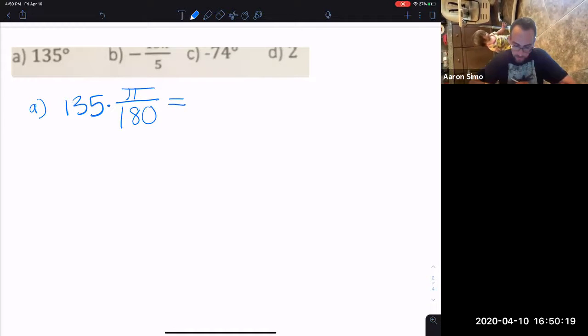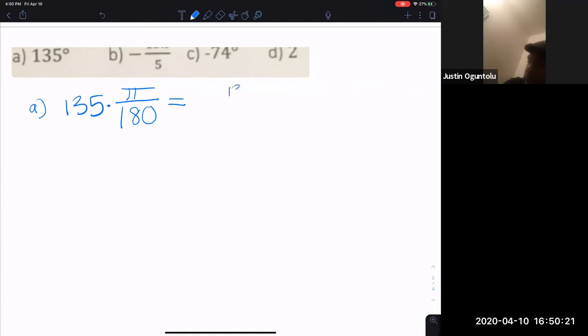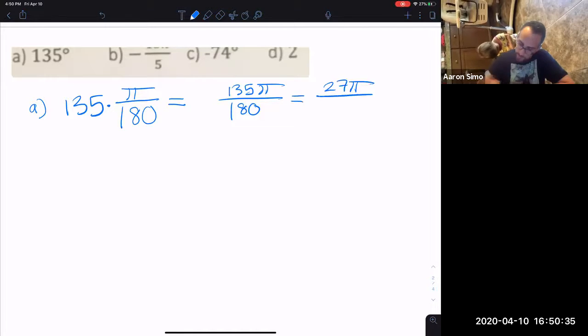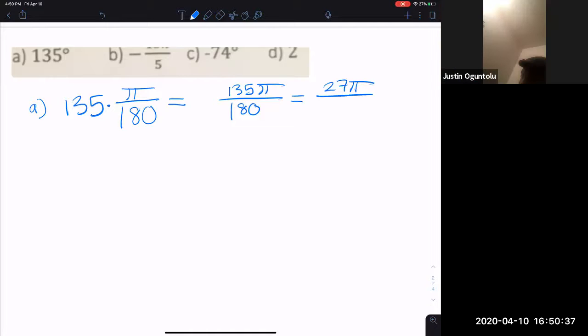135 pi over 180. Okay. And then now we got to reduce that. Twenty-seven pi over, I got 27 pi over 36.